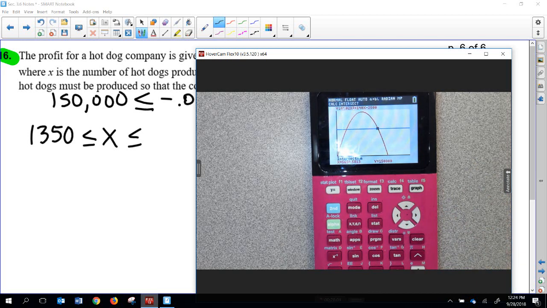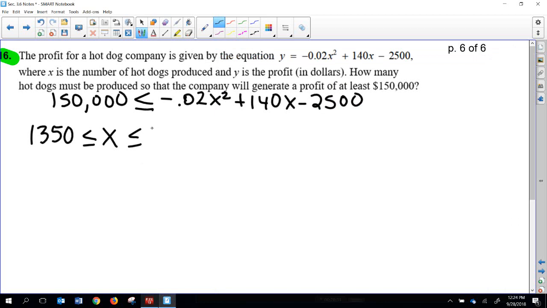Now, we have to think, are we going to round this up, as it seems like we should, or round it down? Why down? You're right. Yeah, if I round this up, I'm actually lower than the $150,000 mark for the profits. So I want to make this 5,650.